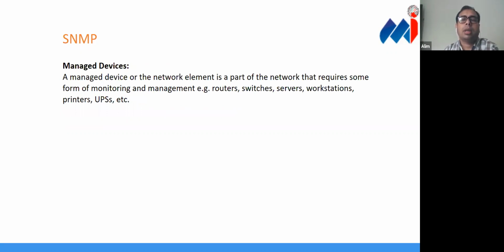Managed devices are the devices that you want to monitor and configure: the router, switch, servers, workstations, printers, UPS. Sometimes a UPS also has an SNMP agent, so you can also monitor the UPS in a data center. Data centers have very smart online UPSs that provide backup power.